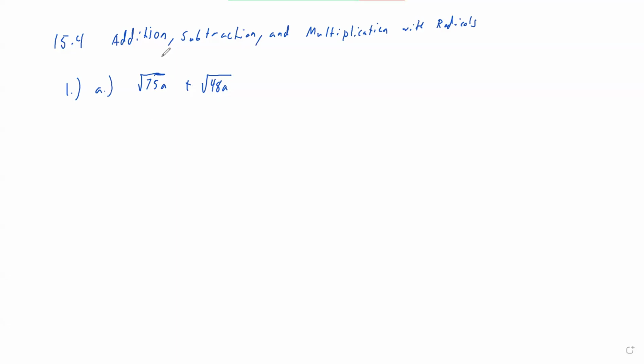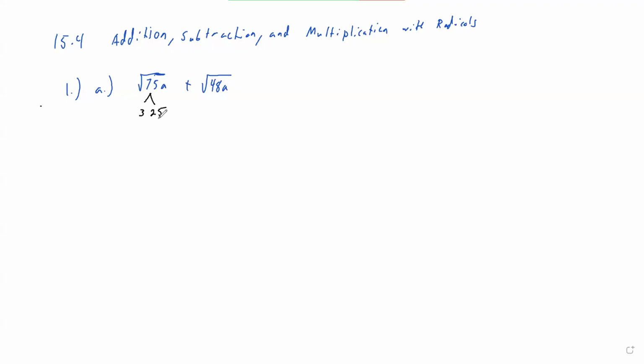So before we can do that, obviously these two things don't look the same. Doesn't mean they won't become the same, but they currently do not look the same. So we're going to use the little factor tree that we learned last Monday to help break this down. What two numbers give me 75? 3 and 25.